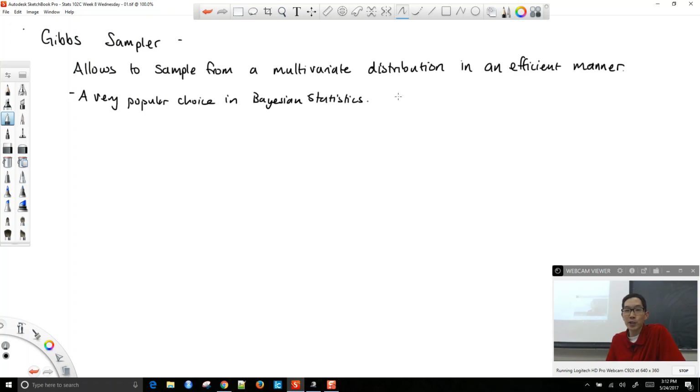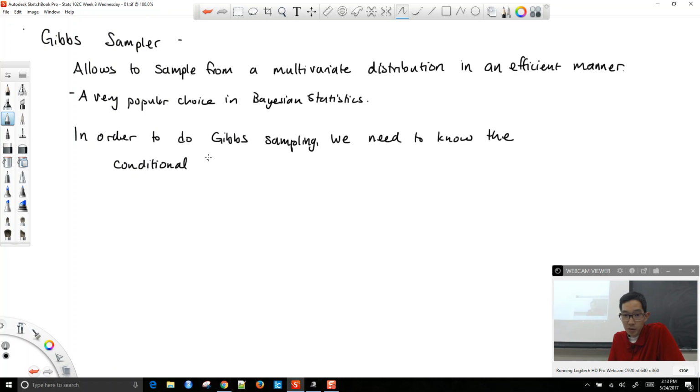Okay, in order to do Gibbs sampling, we need to know the conditional distribution of a parameter, or conditional distribution of, we'll say, a variable given all of the other variables in the distribution.